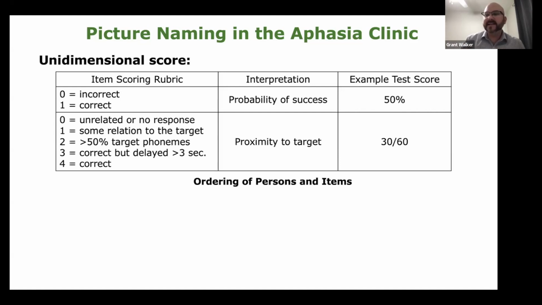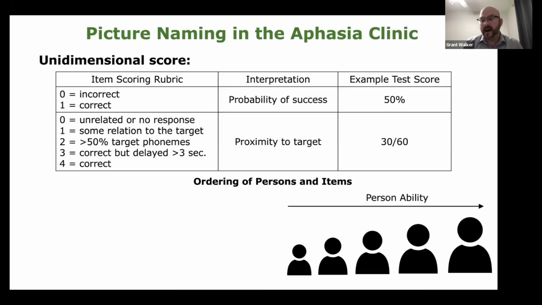And this leads to the idea that you can order persons in terms of their ability. There are people who have high scores and people who have low scores. Likewise, we can look at the items and the proportion of people who get each item correct, and order the items in terms of difficulty.